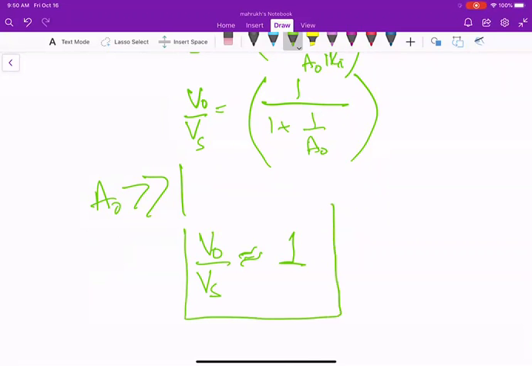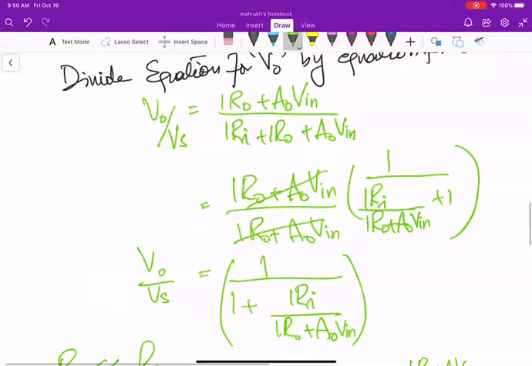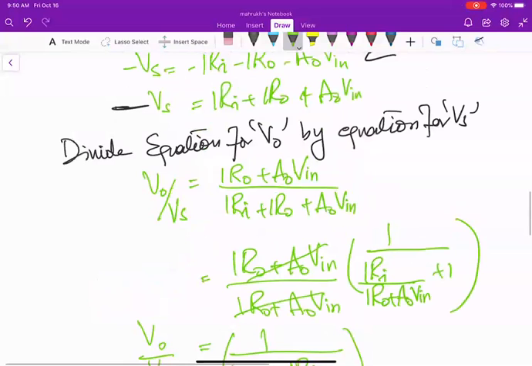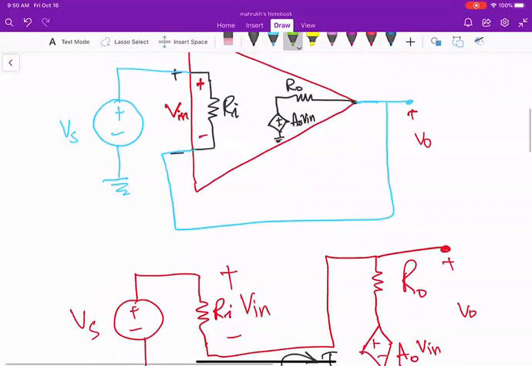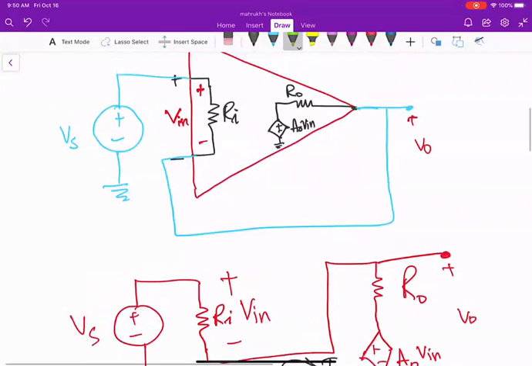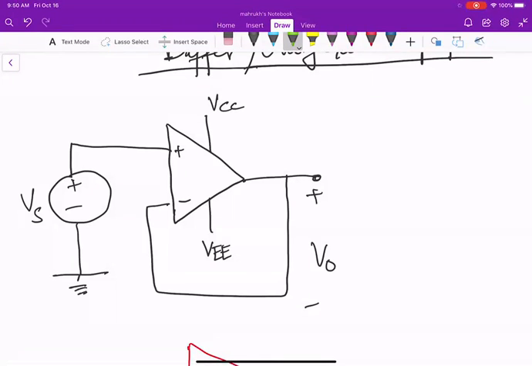So the unity gain amplifier is actually V naught by Vs approximately equal to 1. And in its configuration, we just have to connect a wire from the op-amp's negative input to the output. Okay, so that's the thing that we need to remember.